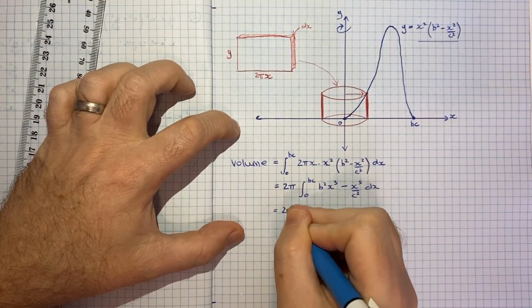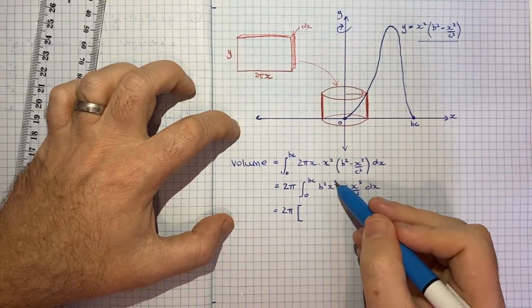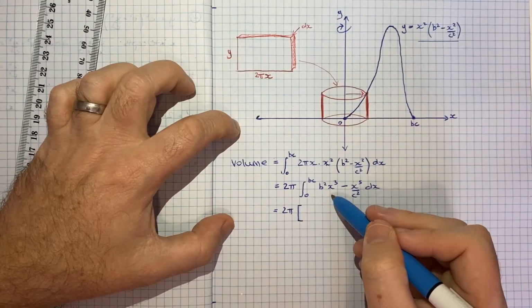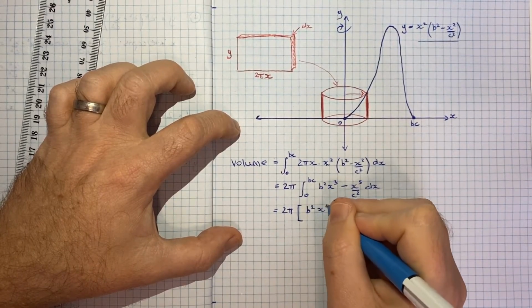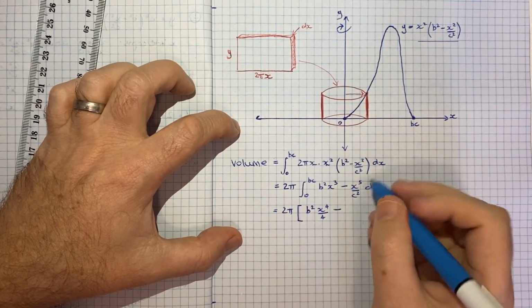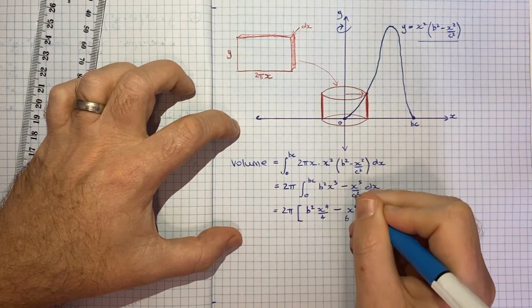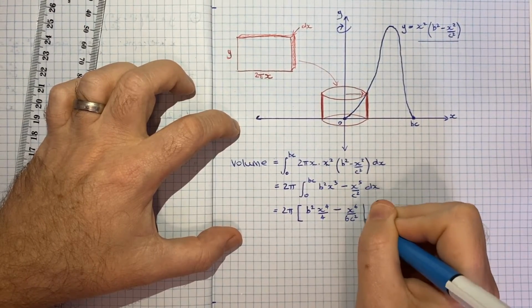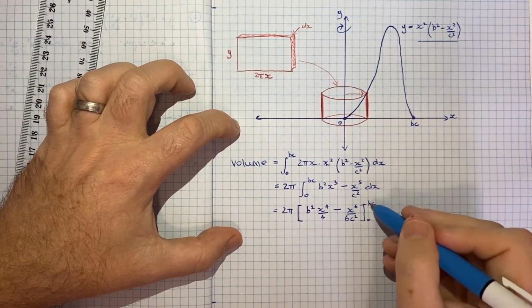So that's 2 pi, and we're just using a basic rule of integration. Add 1 to the exponent and divide by the new exponent. So we'd get b squared x to the 4 on 4 minus x to the 6 on 6 c squared, and that's between 0 and bc. So let's just insert that.